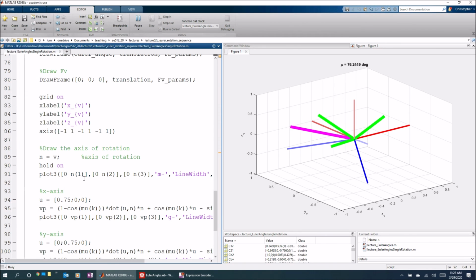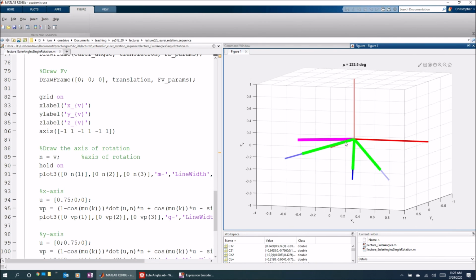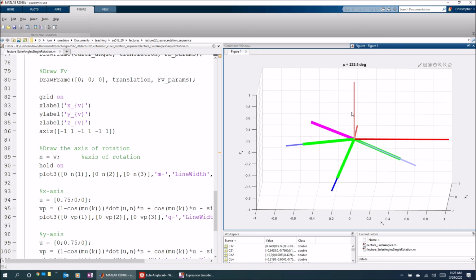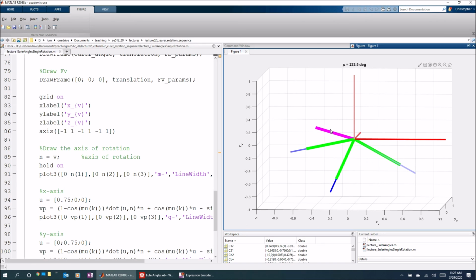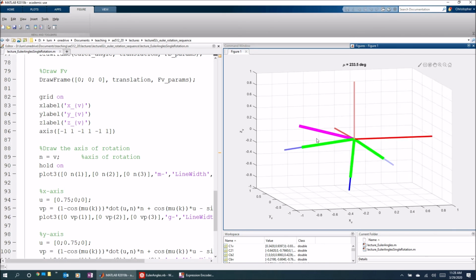And there we go. The green is us rotating those, and we see eventually, with mu equal to about 233.5 degrees, look at this. We basically went from the vehicle carrying northeast down frame to the body frame by just this single rotation about this magenta line, about that eigenvector.